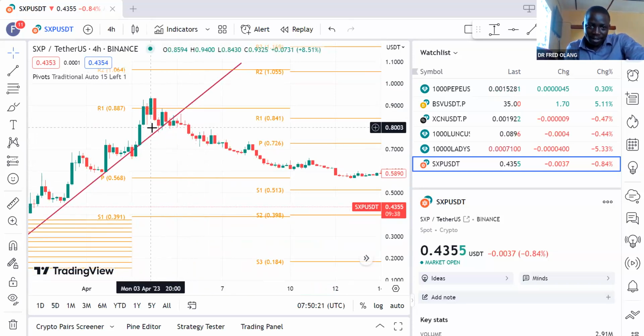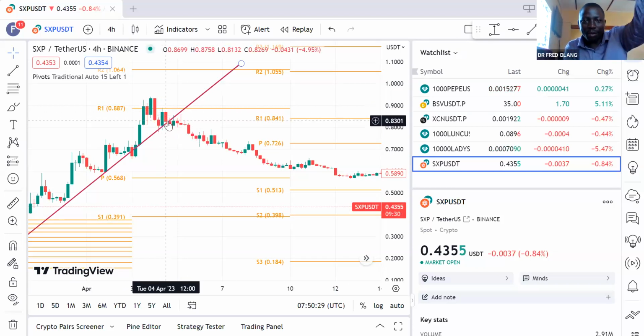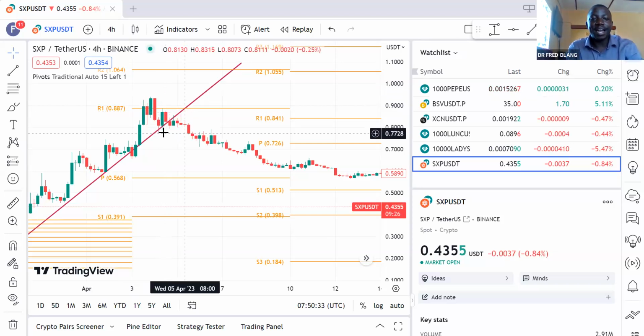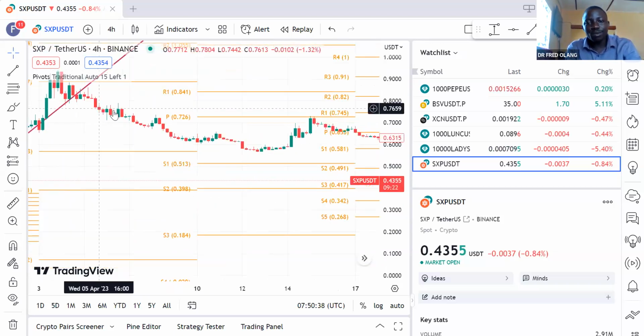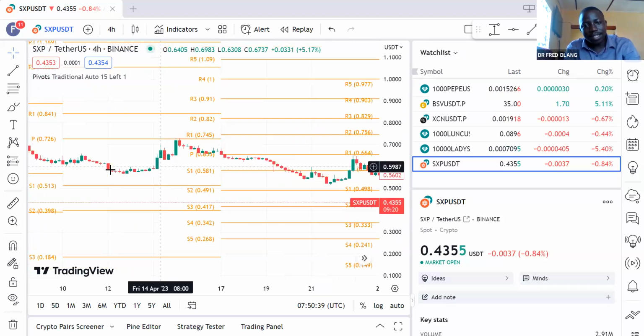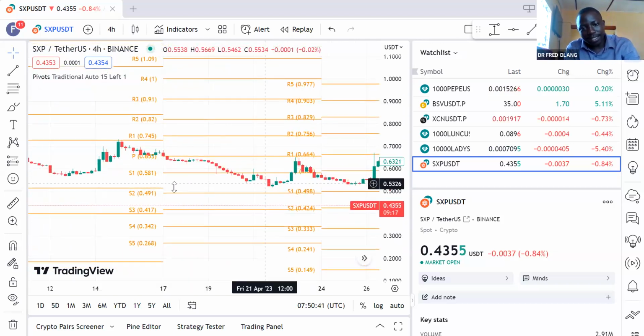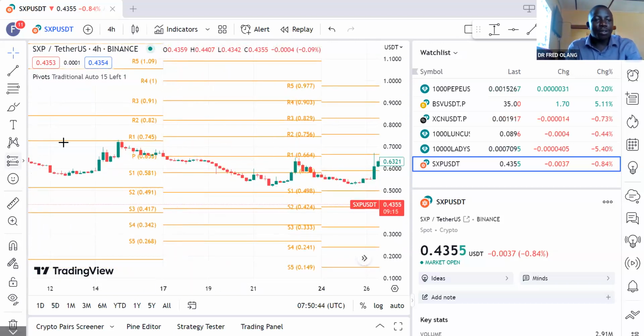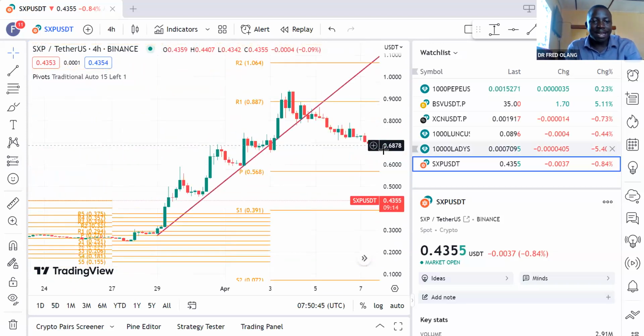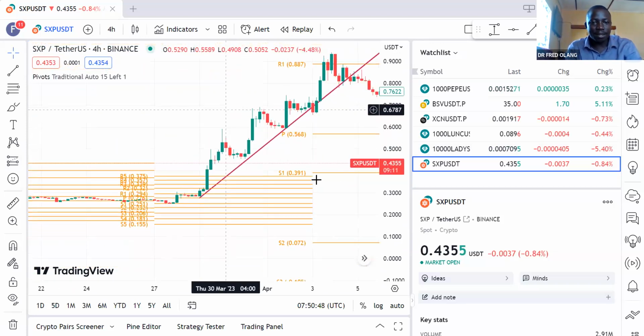We tried to cut it, it held us for some minutes, but when we came back, that's a sign of failure, that this trend has been broken. That's why we kept on coming down.